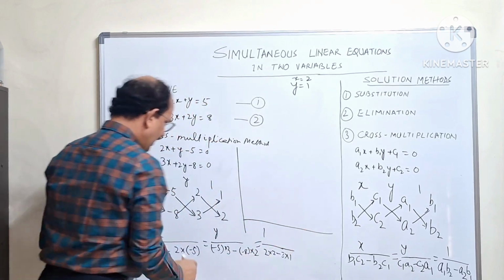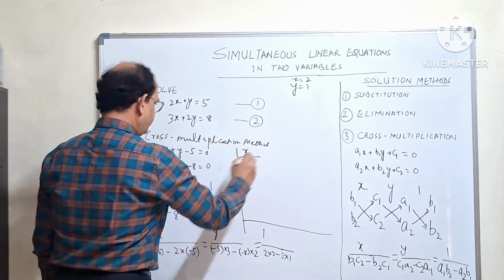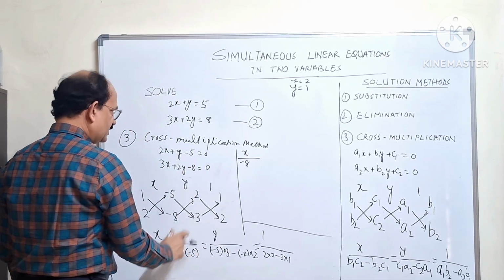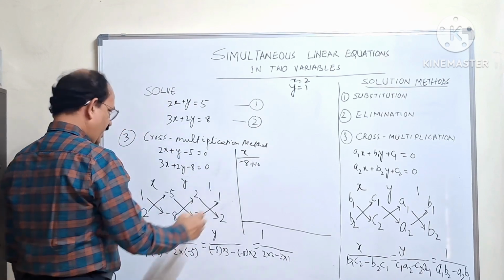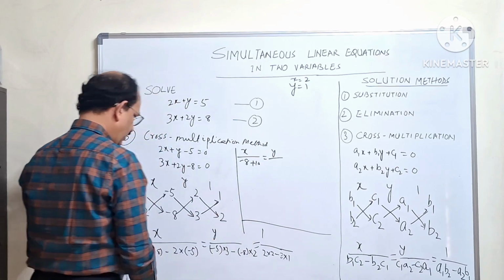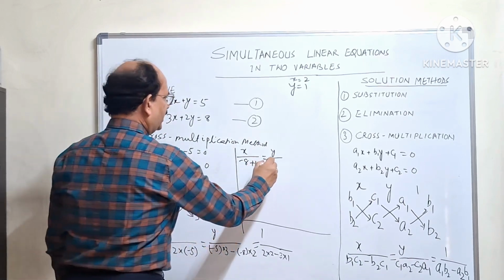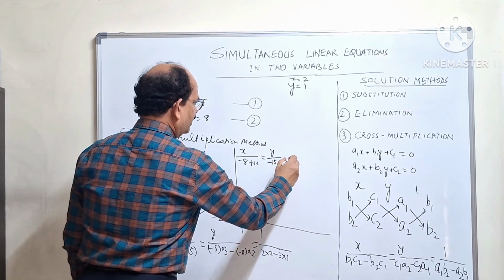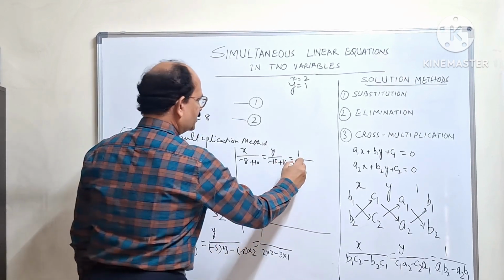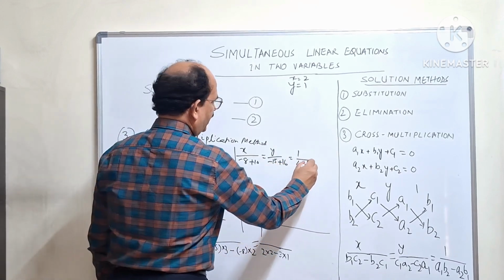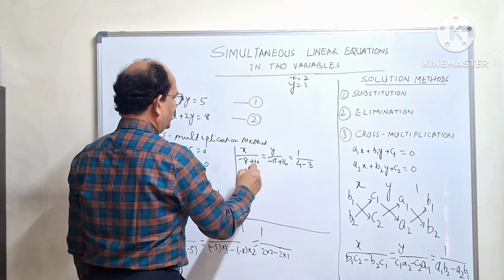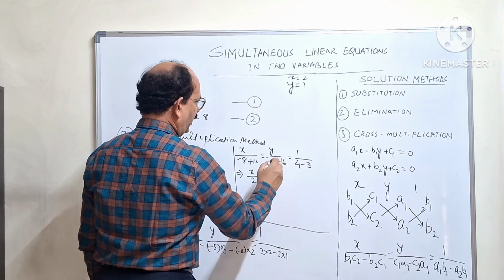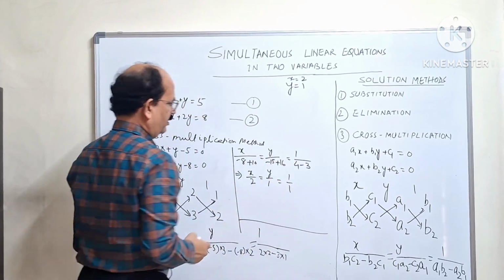This will become x upon 1 into minus 8, which is minus 8, and minus and minus makes plus, so it will be plus 10, and this part will be equal to y upon minus 5 into 3 is minus 15, and this will be minus minus plus 8 into 2, that is plus 16, and this will be equal to 2 into 2 is 4, minus 3 into 1 is minus 3, which leads to x upon 2 is equal to y upon 1 is equal to 1 upon 1.